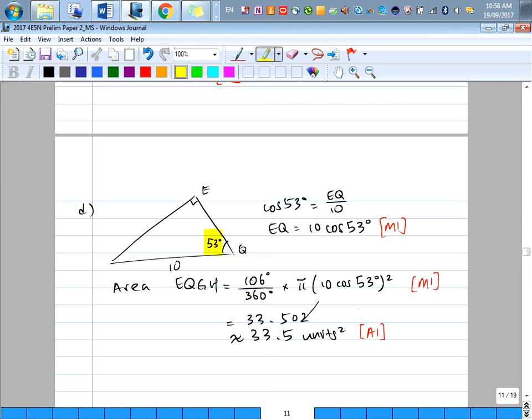Then we have all the information we need, half r squared theta for the area of the sector, or if you don't want to use radians, we use proportion. 106 degrees out of 360 degrees. That is the proportion of the shaded part. Then times pi r squared.